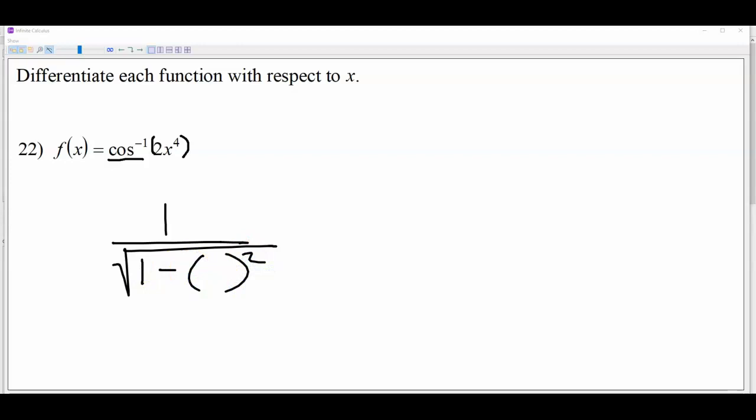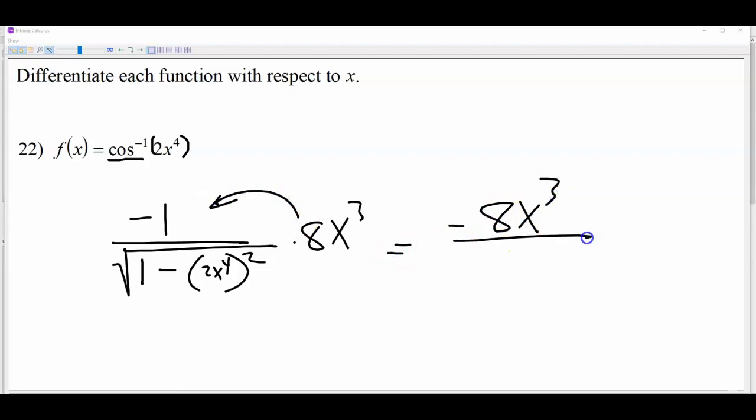So in this, oh, and by the way, it's negative 1 on the top, my bad. So what goes on the inside is whatever was the inside to begin with. That was 2x to the 4th. That's what goes there. Next, we multiply it by the derivative of the inside, because this is a chain rule, and we end up with 8x to the 3rd. Now, if we simplify this, multiplying the 8 to the top, you're going to get negative 8x cubed on the top. And on the bottom, you're going to have 1 minus 4x to the 8.